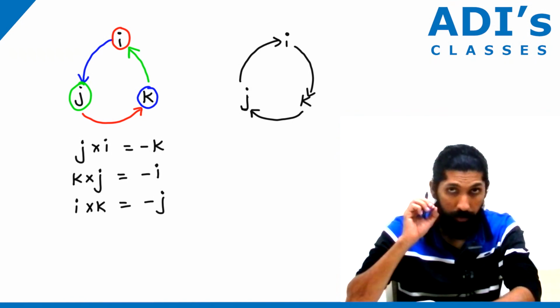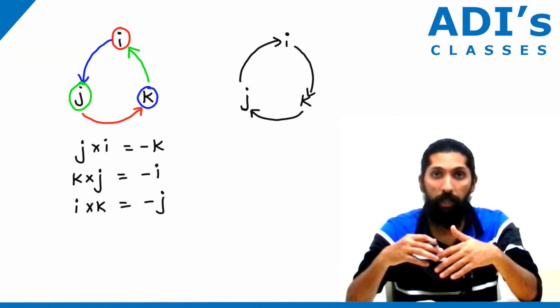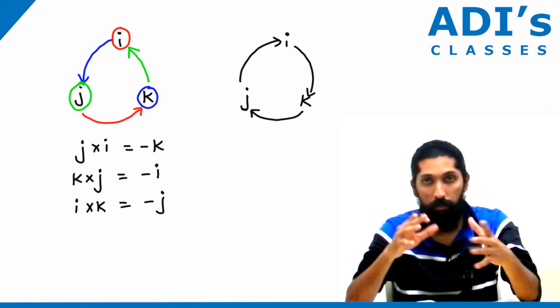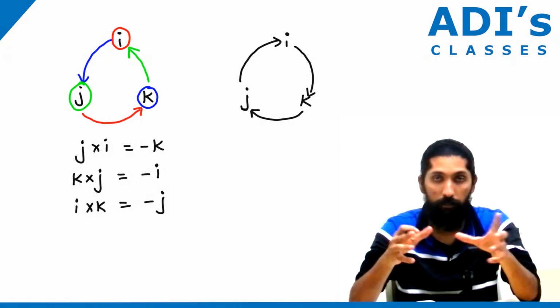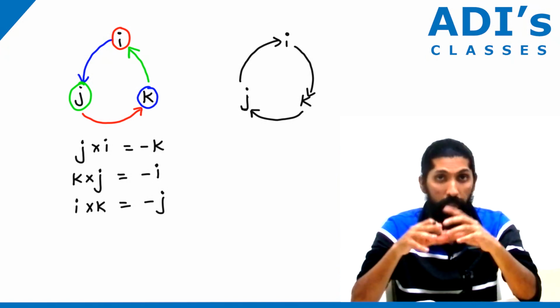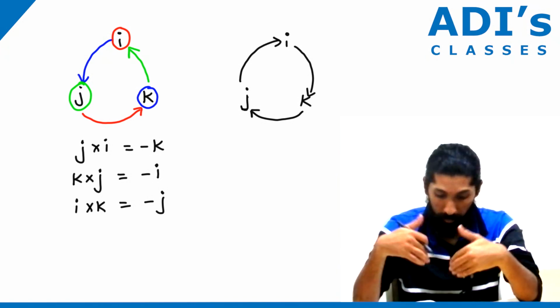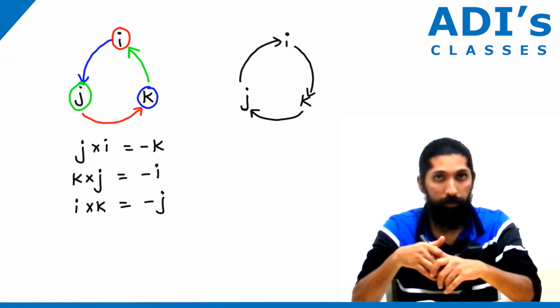This is extremely important whenever we do the expansion of the two matrices multiplication. Whenever we do this, when you expand it as a determinant, this particular way is very important.